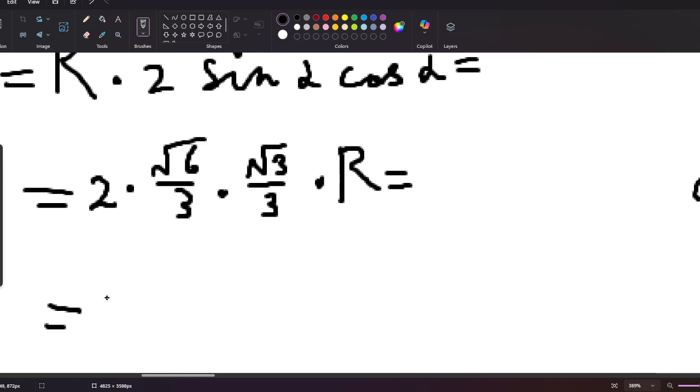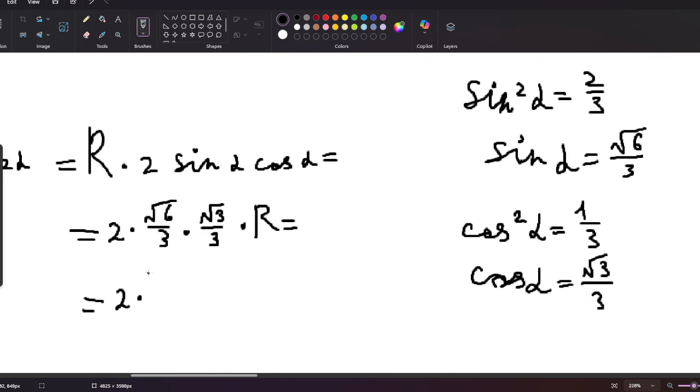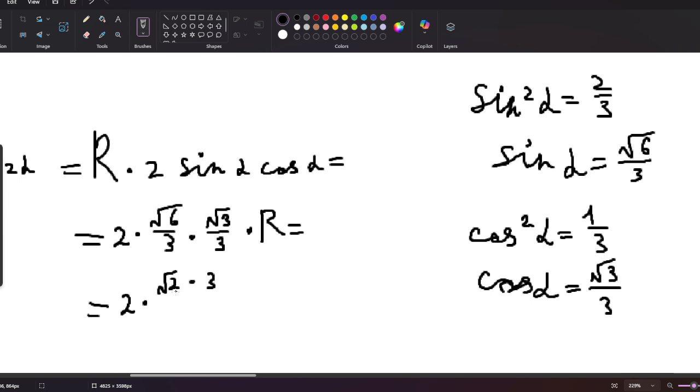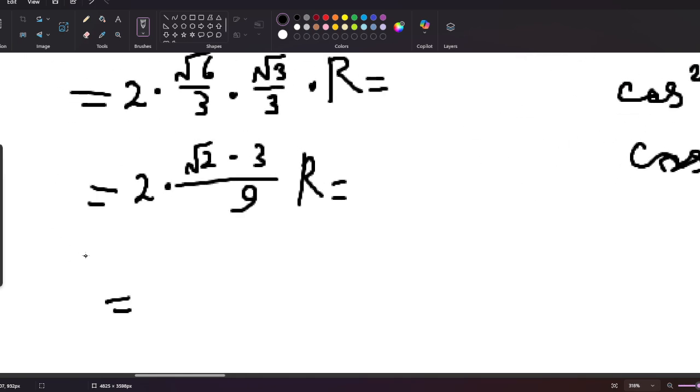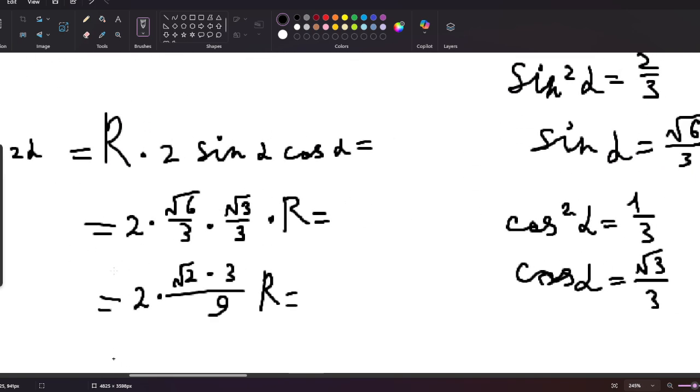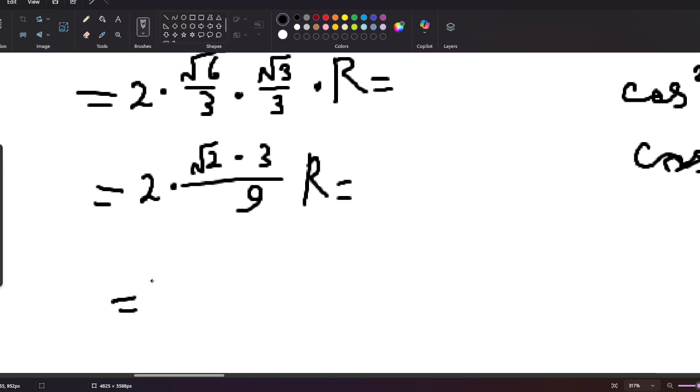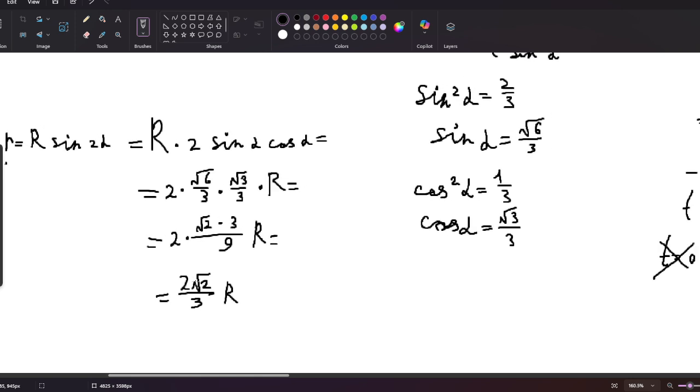That's going to be 2 times root of 2 times 3, 9 times R equals 6, no, I'm being stupid. 2 times square root of 2 over 3 times capital R. I think that's it.